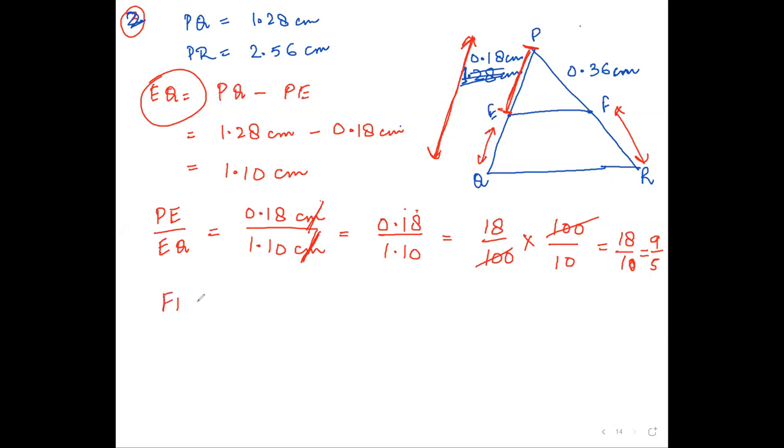So FR is your complete side PR minus PF. That means the complete side is 2.56 centimeter minus 0.36 centimeter, so you are getting 2.20. Fine, good. Now find the ratio.